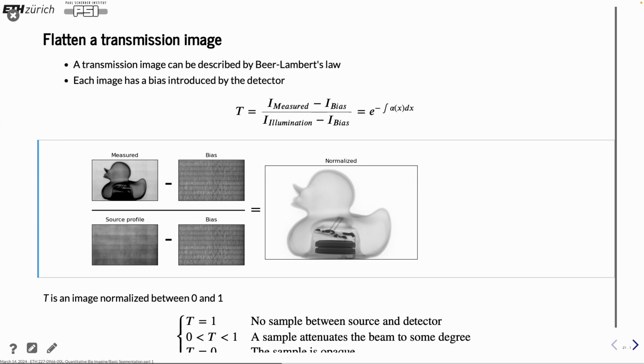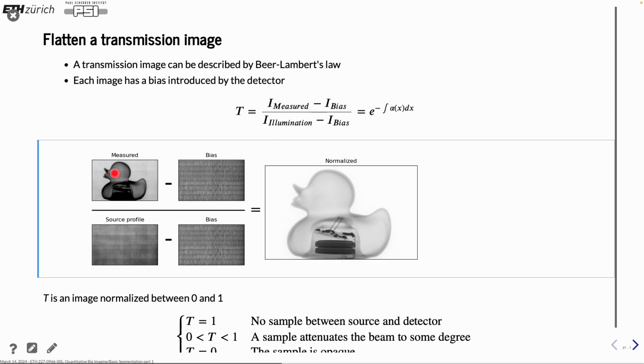And when we measure transmission images, and also other images actually, I would say this applies also to microscopy, we have to compute the transmission image because that is the one that can tell us something about the sample. And the transmission image is technically computed as basically just the ratio between the measured and the incoming intensity, but we also need to subtract the bias of the dark current.